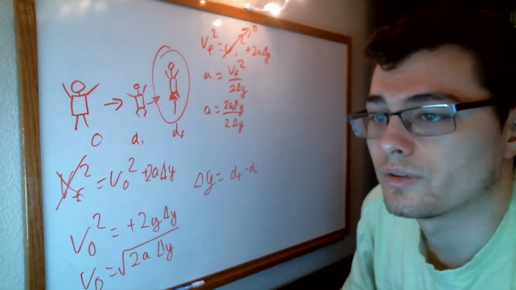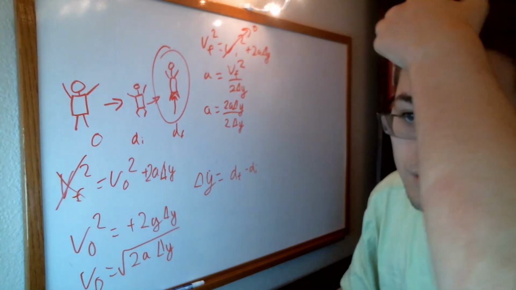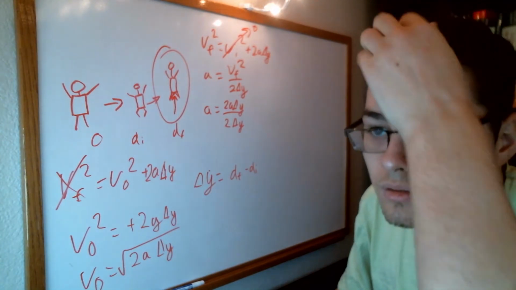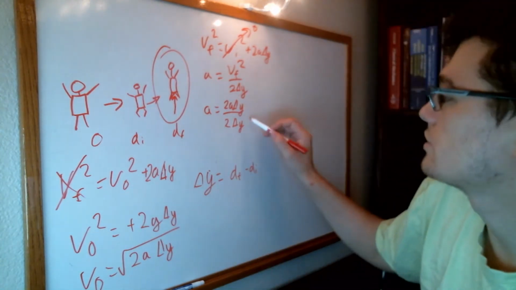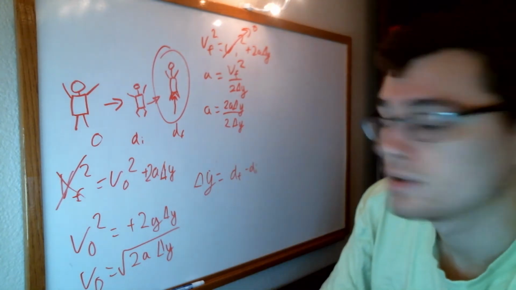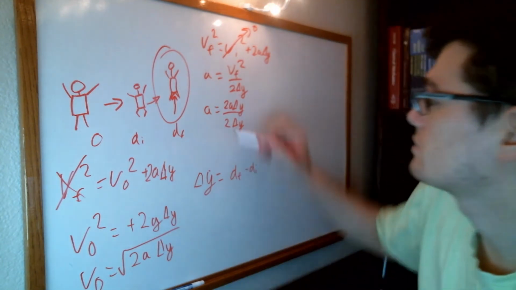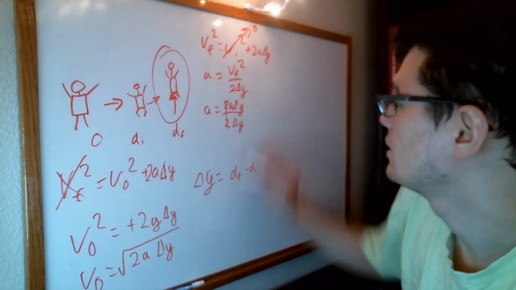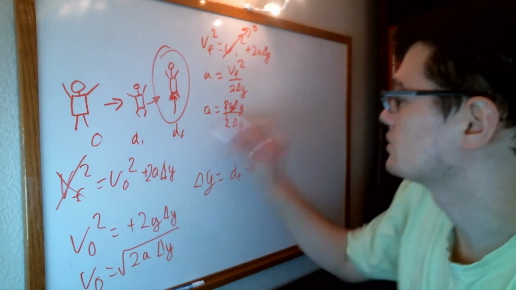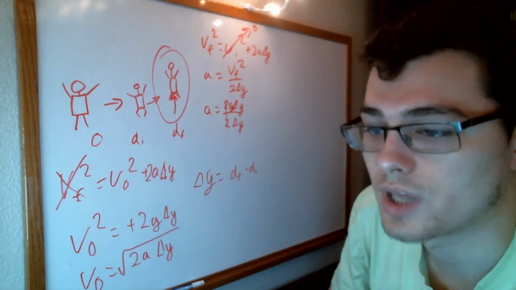And so these are different delta y's here. So in this case, we have our 2's cancel. A is equal to G here, because they're not the same A's. So you can't cancel those out.